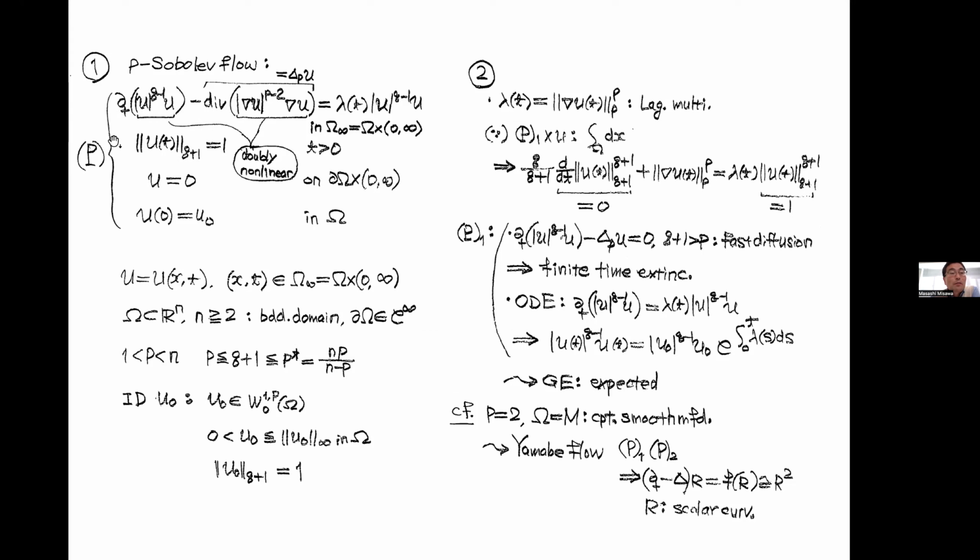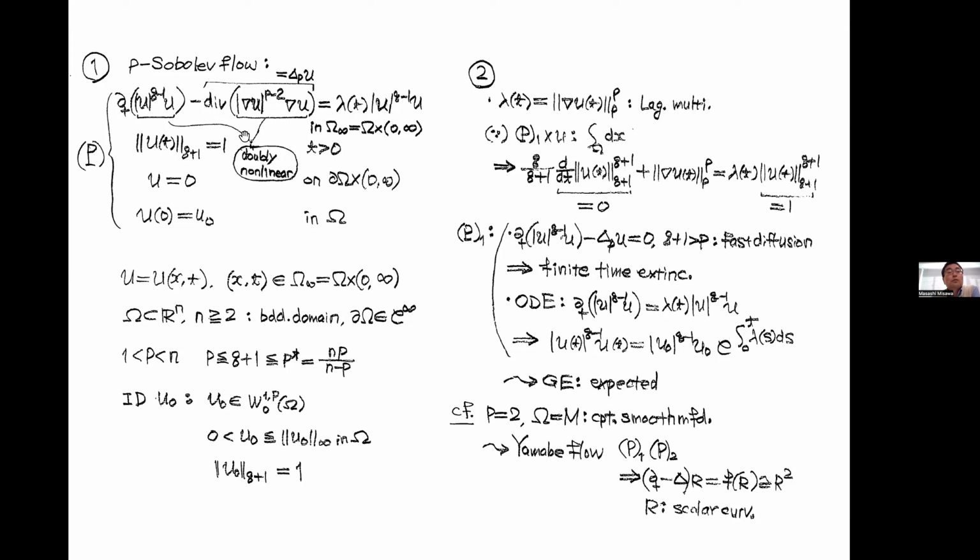The time derivative of the q minus 1 power of the absolute value of u times u, where u is the unknown function, and minus the spatial divergence of the p minus 2 power of the Euclidean norm of the spatial gradient of u times the spatial gradient of u is equal to a real valued function lambda of time t times the q minus 1 power of the absolute value of u times u.